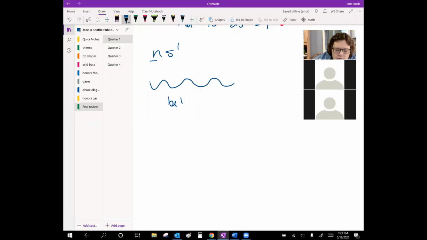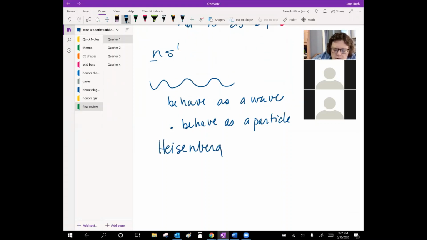Okay. We know that electrons behave as a wave, but they also behave as a particle. And Heisenberg is the guy that came up with the uncertainty principle, which says the electron is either going to act as a wave or act as a particle.